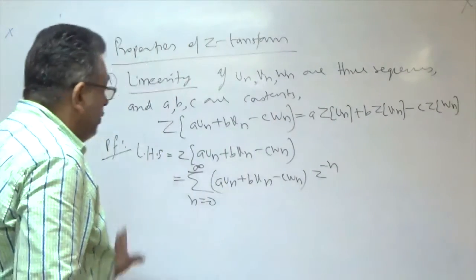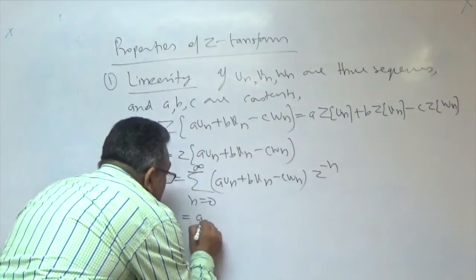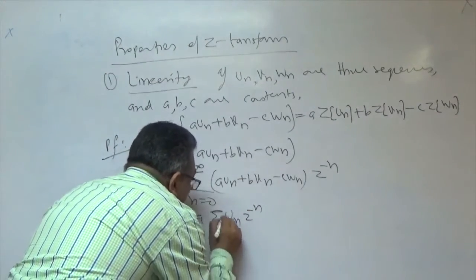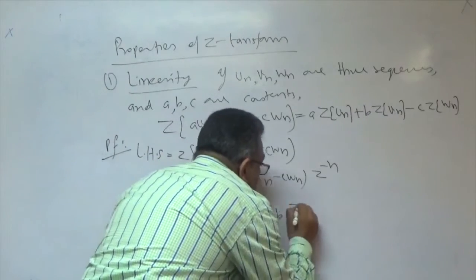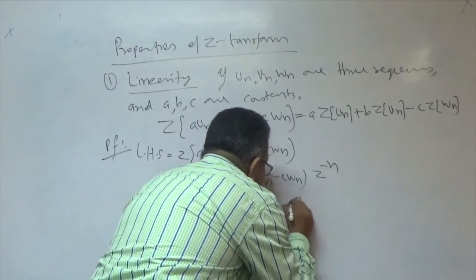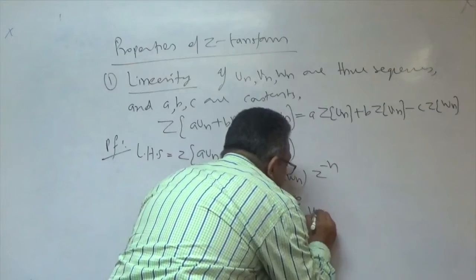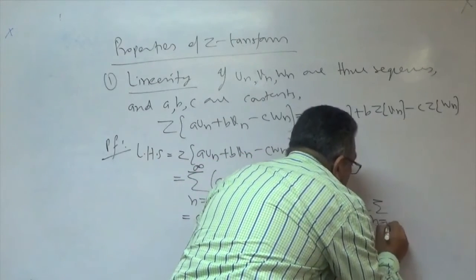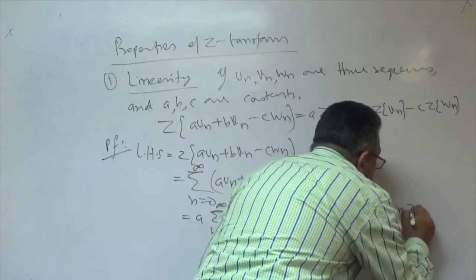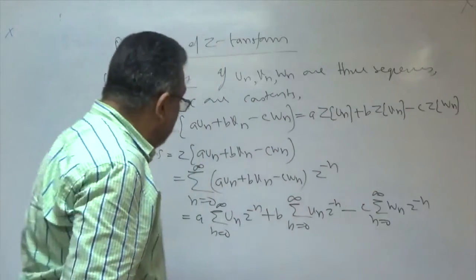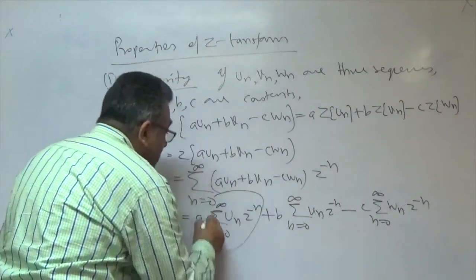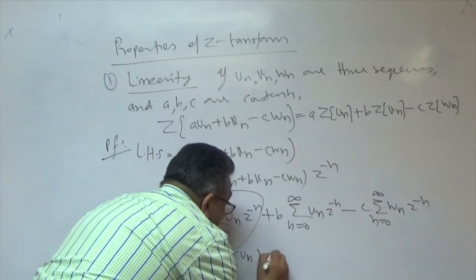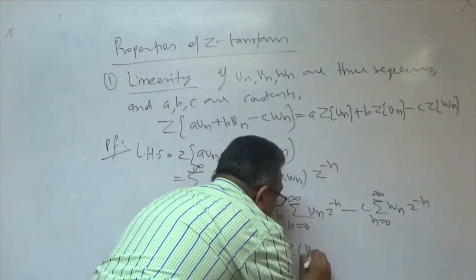So by that property, first we get a times sigma n equal to 0 to infinity un z to power minus n. Second, b times sigma n equal to 0 to infinity vn z to power minus n minus c times sigma n equal to 0 to infinity wn z to power minus n, right? And by definition, you see what is this? This is Z transform of un. This is Z transform of vn.